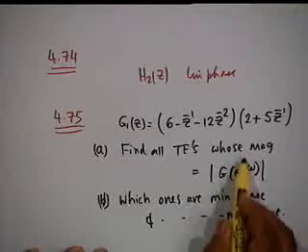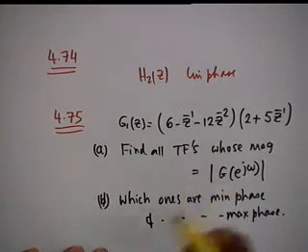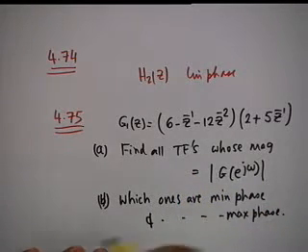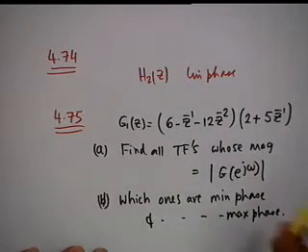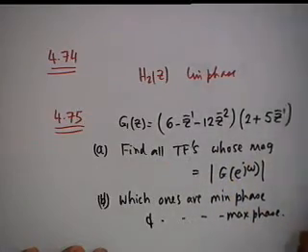Once you find out the impulse responses of all these transfer functions, if you can find out the transfer functions, you know the impulse response, right? The coefficients of the variable. These are the impulse response coefficients. So let us first find out all transfer functions whose magnitude is the same as that of G of e to the j omega.